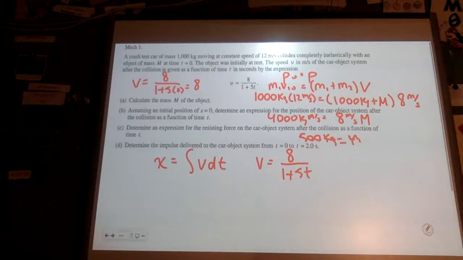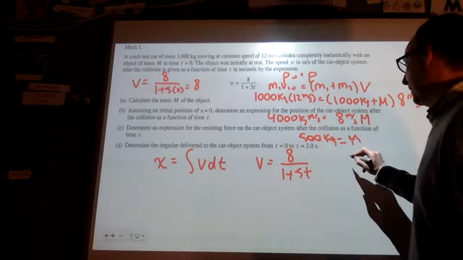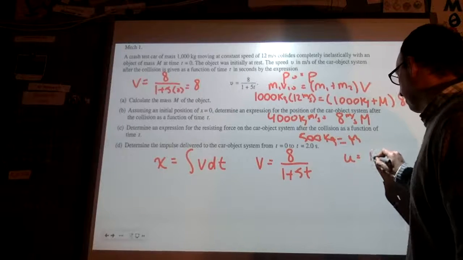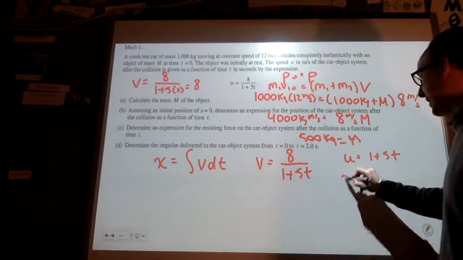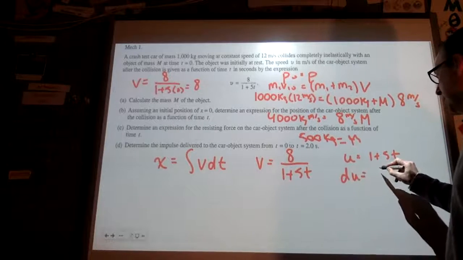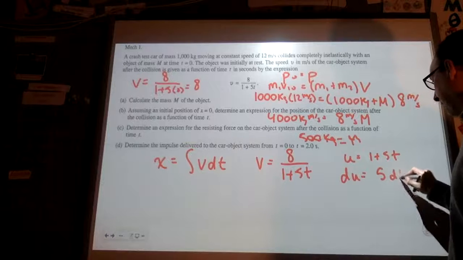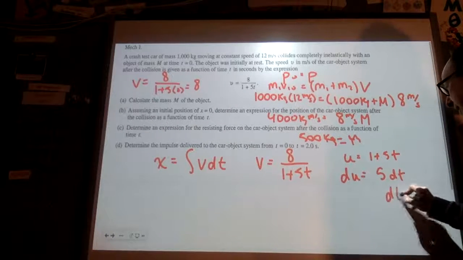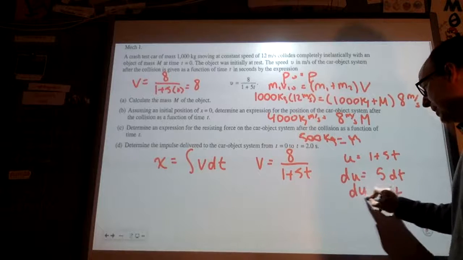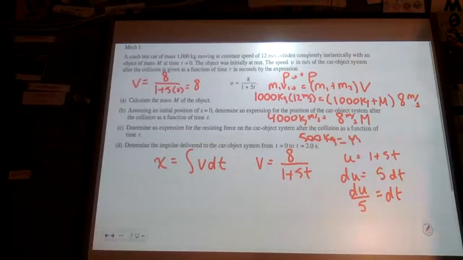I'm going to let u equal 1 plus 5t. And that means that du is going to be equal to 5 dt. And so that means that dt is going to be equal to du over 5.